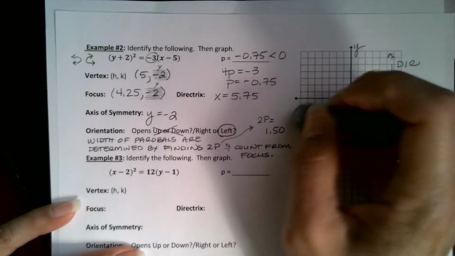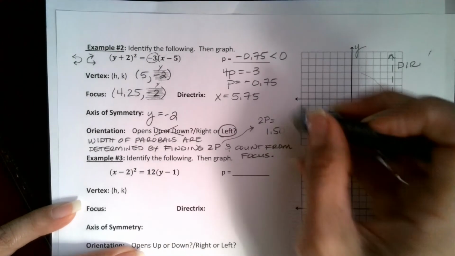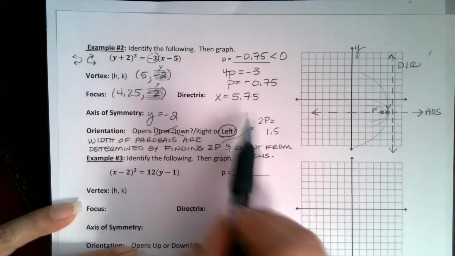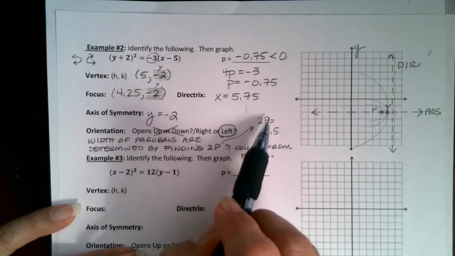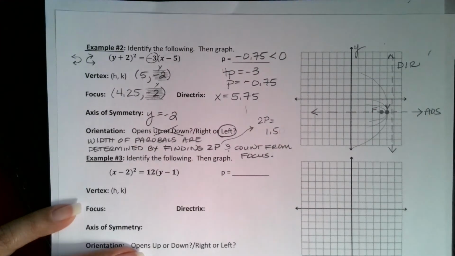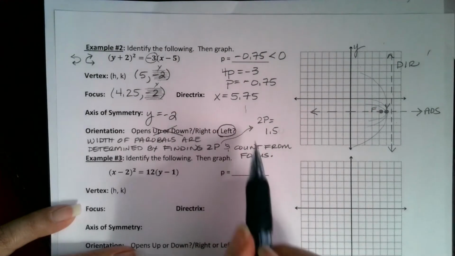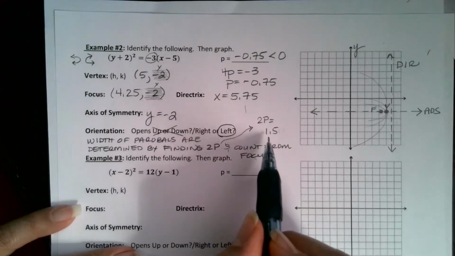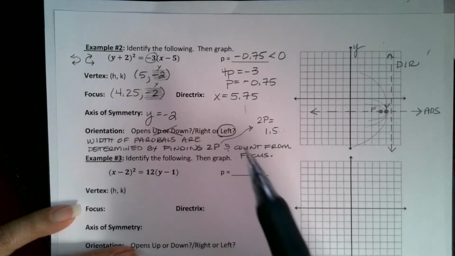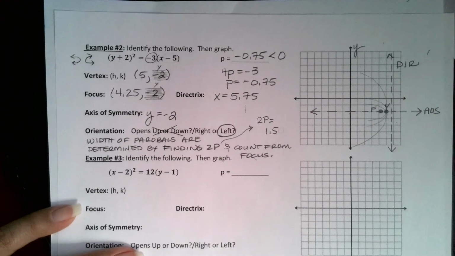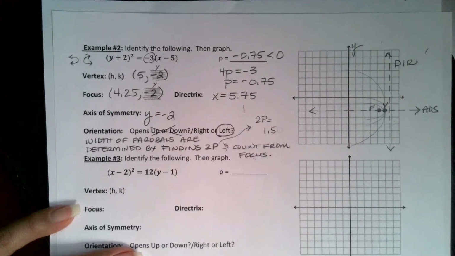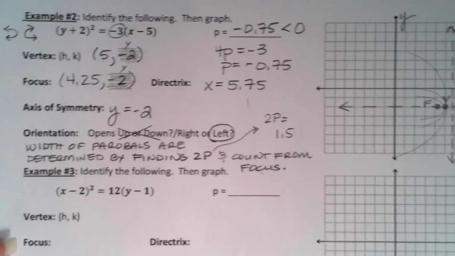Now, let's just put 1.5 to keep it simpler, all right? 0.75 plus 0.75 is going to give me 1.5. Now, what you're going to do is you're going to go to the focus, and you're going to use that 2p distance to calculate and plot where your new 2 points are going to be to help you graph.